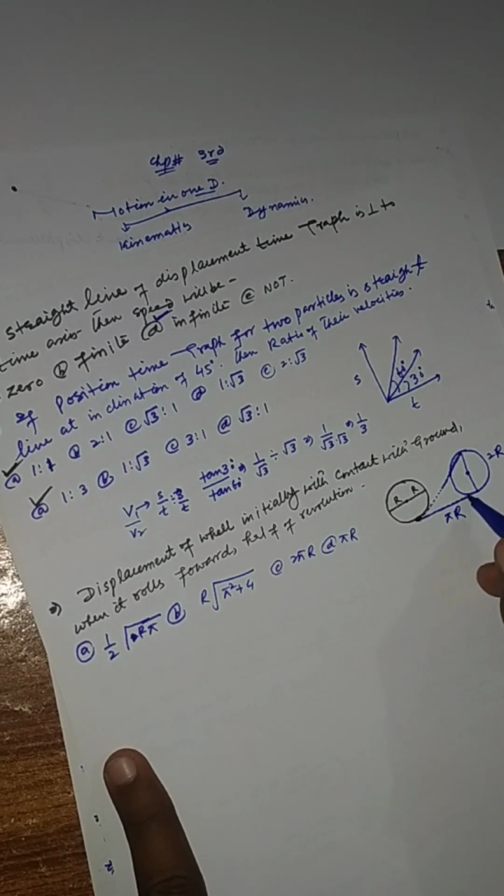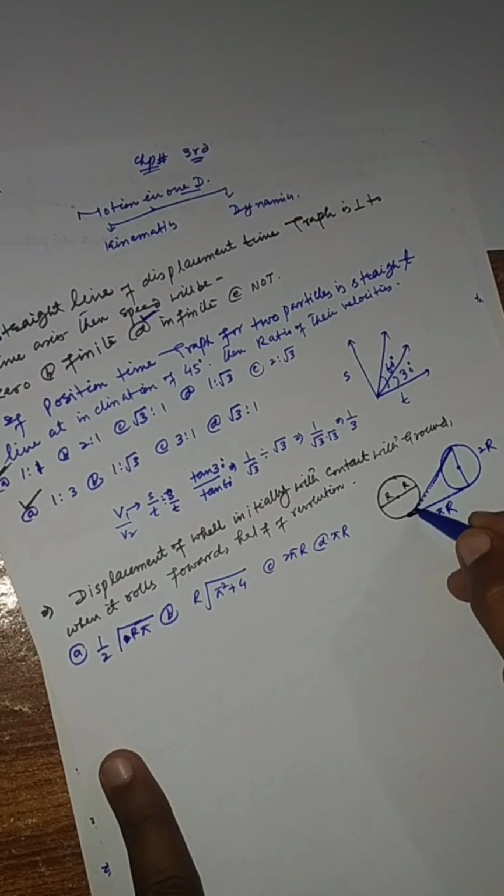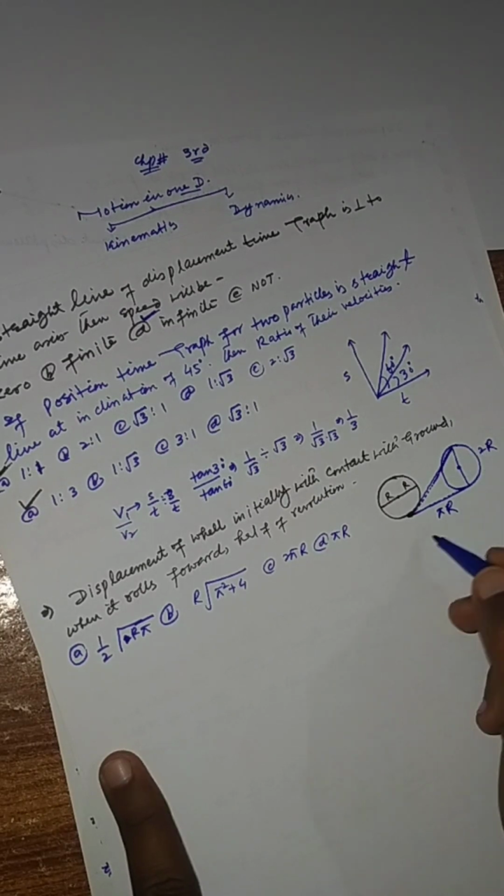So this is pi r. This we have to calculate, and this is again 2r.